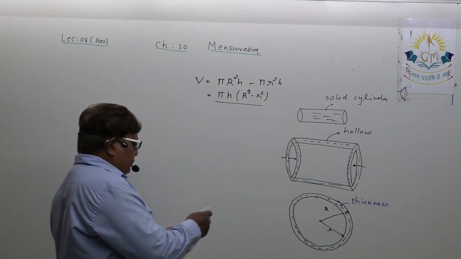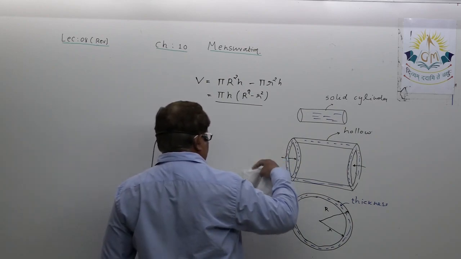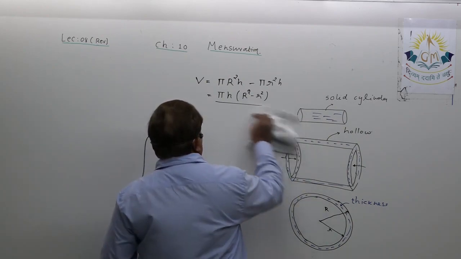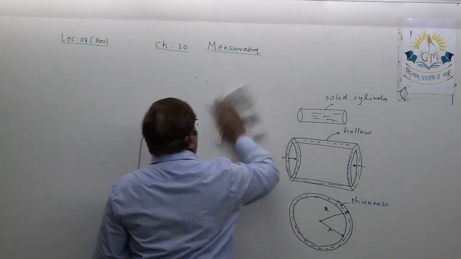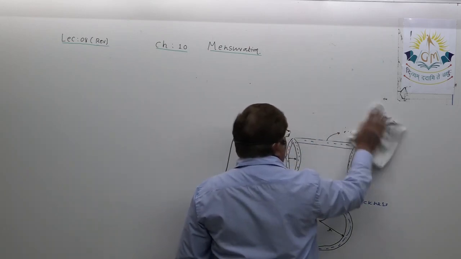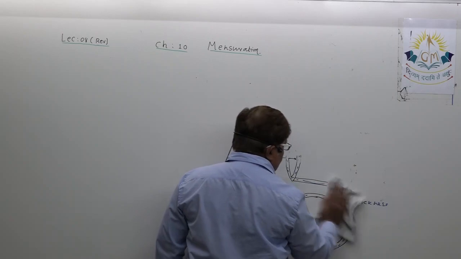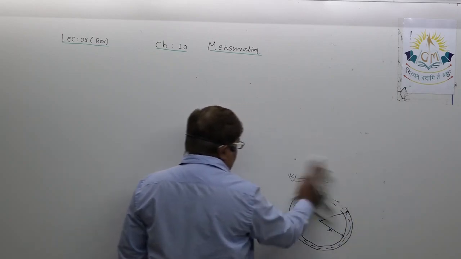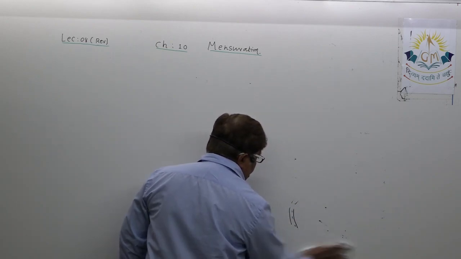Now let us target a few examples. The formula you must have noted down: pi h in bracket capital R square minus small r square. That's the formula.